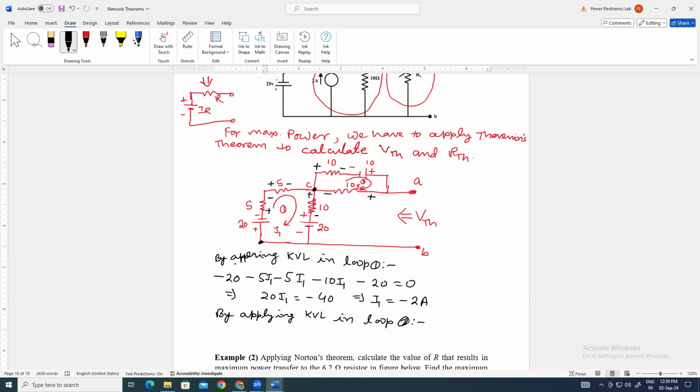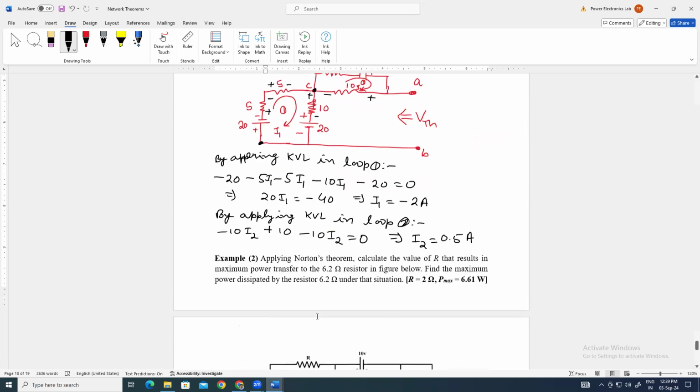So plus to minus, -10i2, then minus to plus, +10, then plus to minus, -10i2 is equal to 0. So यहाँ से i2 हम निकाल सकते हैं, this will be -20i2 is equal to -10, 20i2 is equal to 10, so i2 is equal to 0.5 ampere.